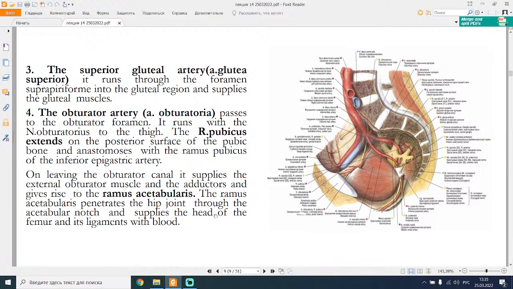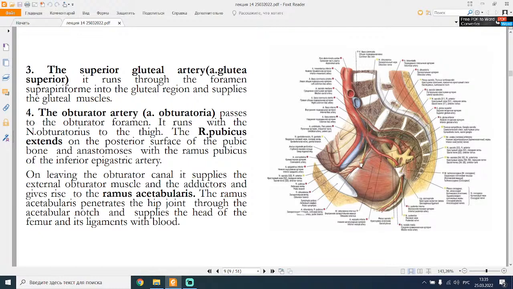On leaving the obturator canal, it supplies the obturator externus and the adductor muscles and gives rise to the ramus acetabularis. The ramus acetabularis penetrates the hip joint through the acetabular notch and supplies the head of the femur and its ligament with blood.